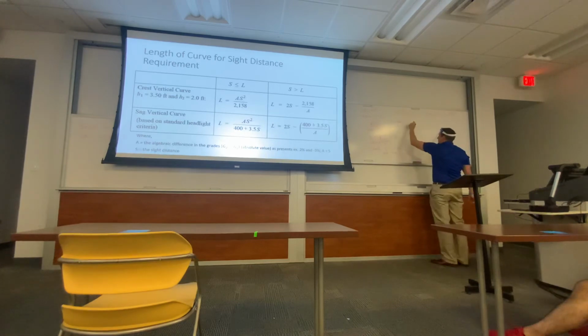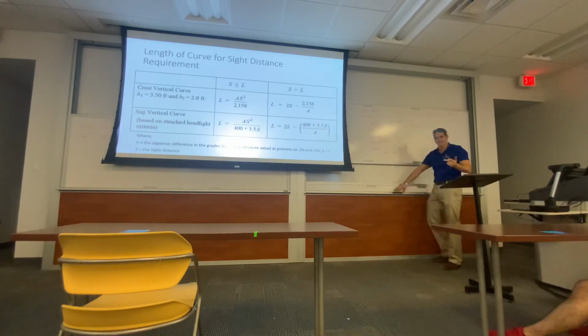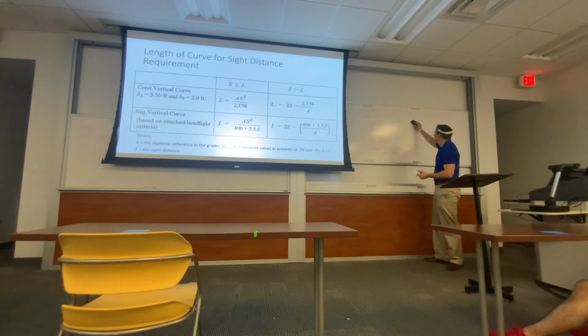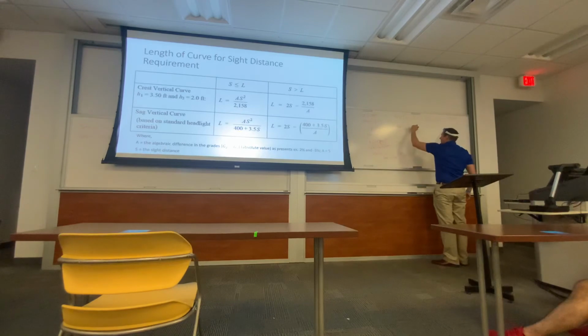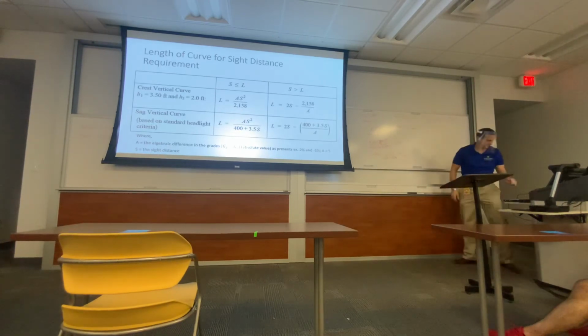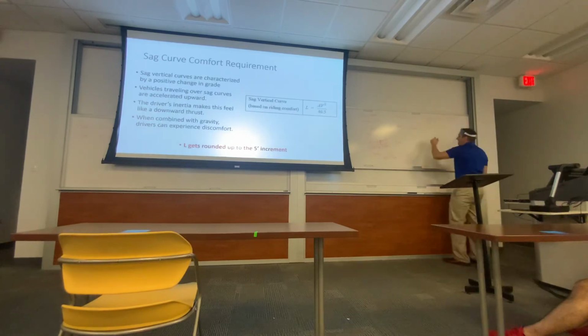Then we do L for comfort. Oh yeah, we gotta check comfort. I'm already messing it up. L equals A V squared divided by 46.5.